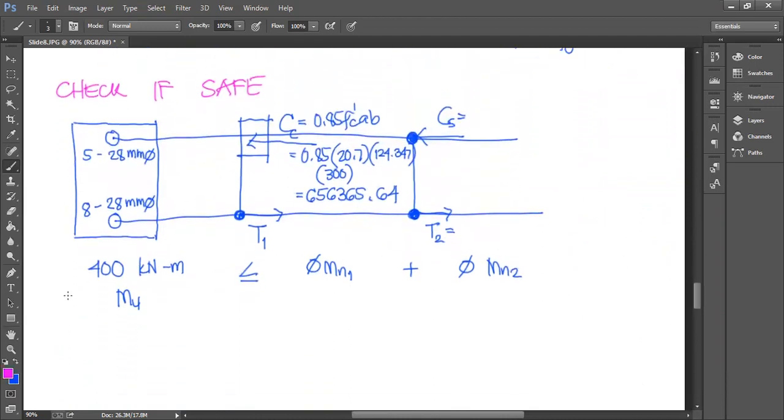So, yung A'S natin is equal to 5 times pi over 4 times 28 squared or equal to 3078.761 square millimeters.